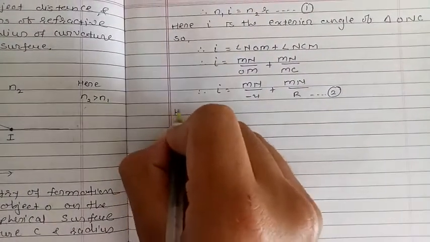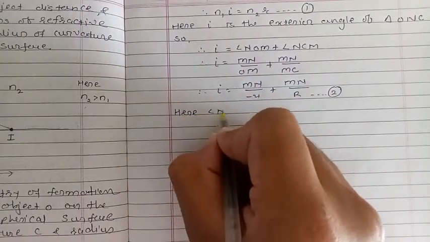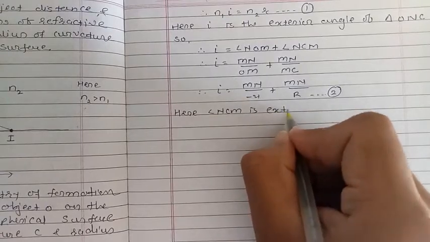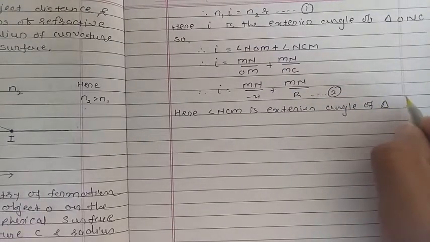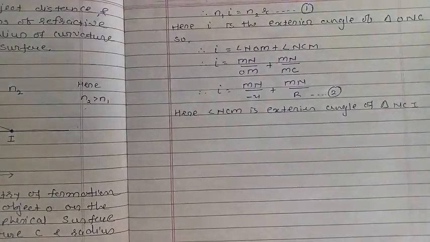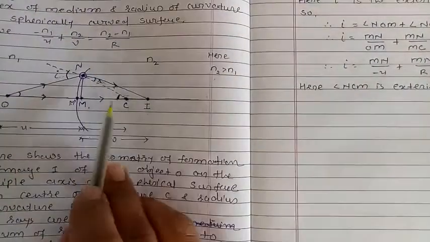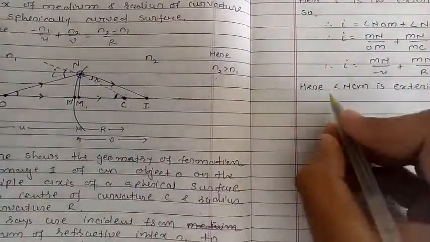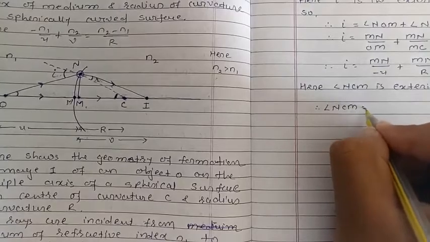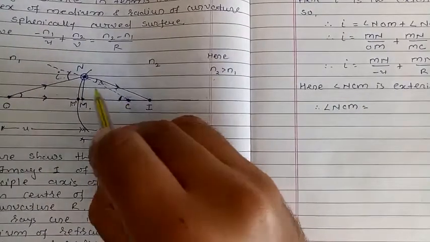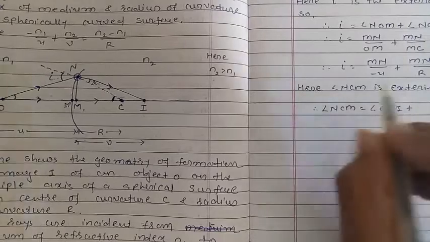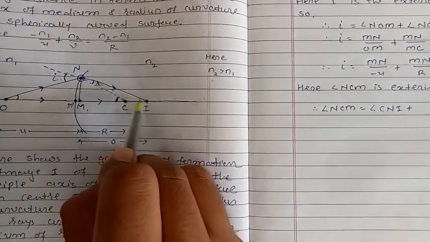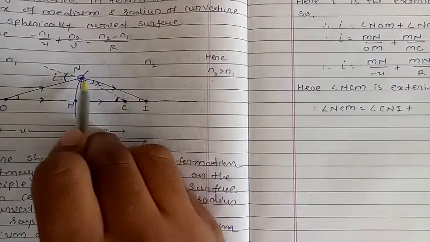So we can write that angle NCM is the exterior angle of triangle NCI. So angle NCM is equal to which two angles? Angle CNI plus angle NIC.